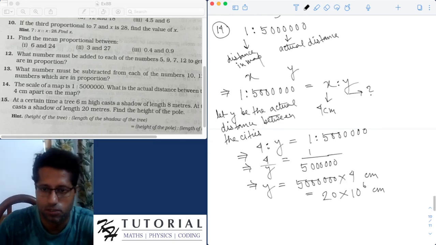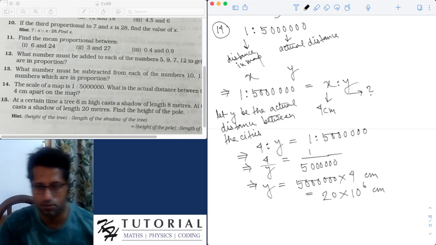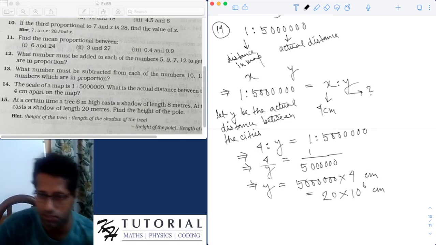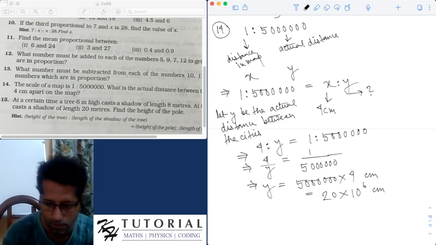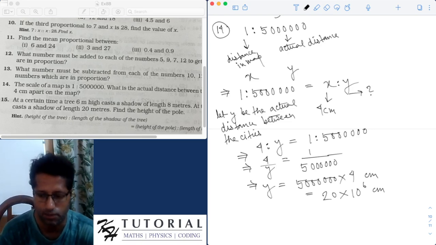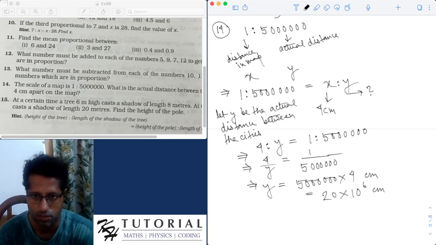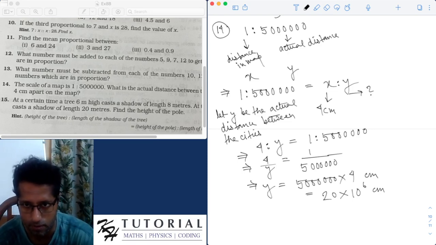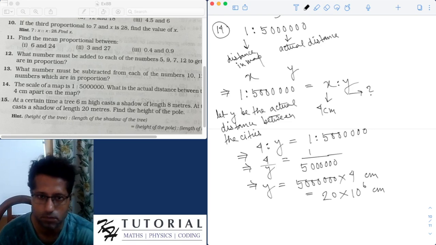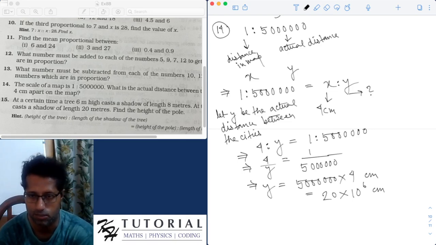centimeter. Now please remember that in this problem units are concerned. This ratio 1 is to this big number won't have any units, because when two quantities which have some units, in their ratio, which is a fraction, we don't have any units. So 1 is to these 6 zeros, there is no unit concerned, but in the problem we have been asked to find the actual distance between the two cities if they are 4 centimeter apart on the map.